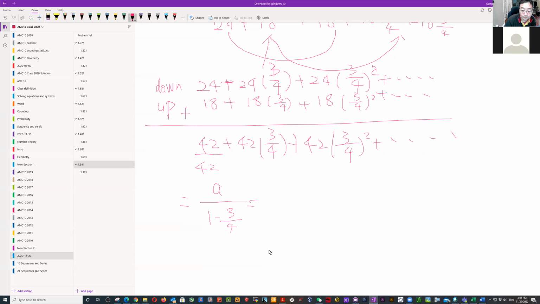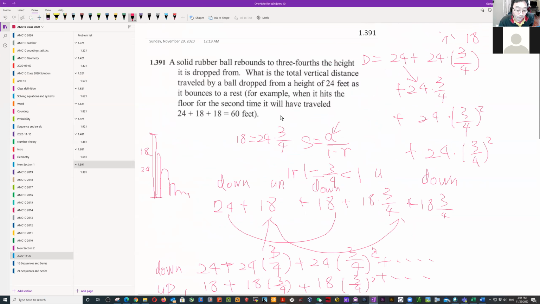So it's 42 over 1/4. Dividing by 1/4 is equal to multiplying by 4. So 42 multiplied by 4 equals 168. So that's the answer. It traveled 168 feet until it goes to rest. I think this is Sharon's problem.